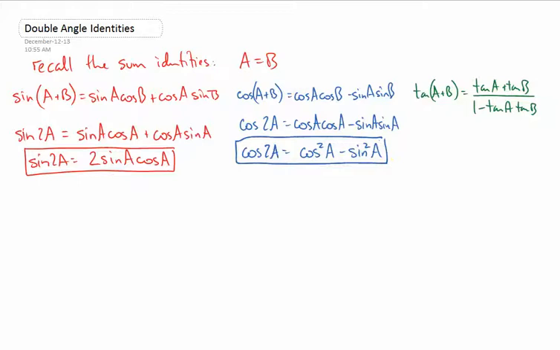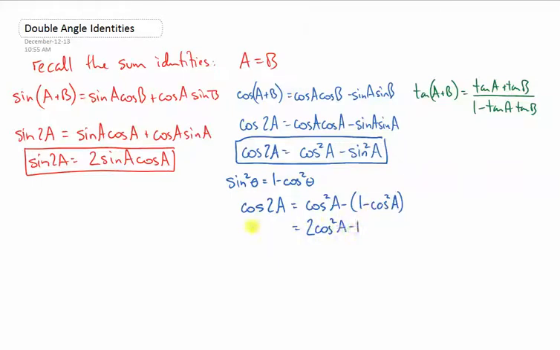Now, the cosine double angle identity is a bit confusing because I can use the Pythagorean identities and substitute. When I see sine squared, I can say, oh, that's 1 minus cos squared. So then cos 2A can also be written as cos squared A minus (1 minus cos squared A), or subtract a negative is add, 2 cos squared A minus 1.